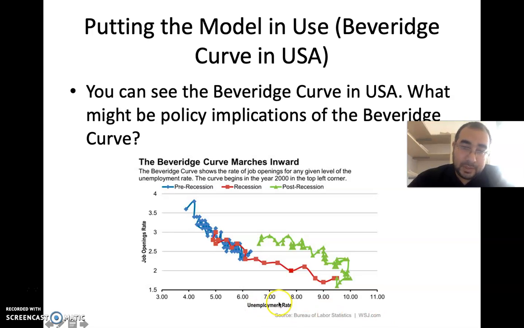If the unemployment rate is higher, that means you have more unemployed people than the jobs open. And mostly, as you see here, it is almost equal in this pre-recession part, but even at the pre-recession, you can see that the unemployment rate is higher than the job opening rate.